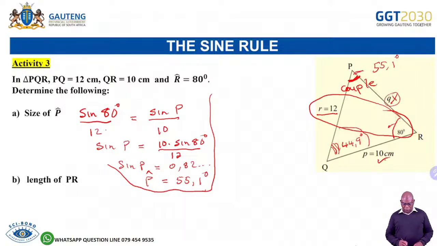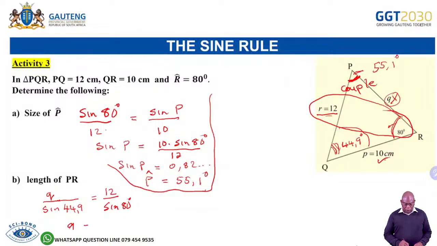So for the length of PR, I'm going to say q over sine Q. But I know what sine Q is, 44.9. It equals, I must use the one that I know, because the 80 and the 12 I know. So this is going to be 12 over sine 80.